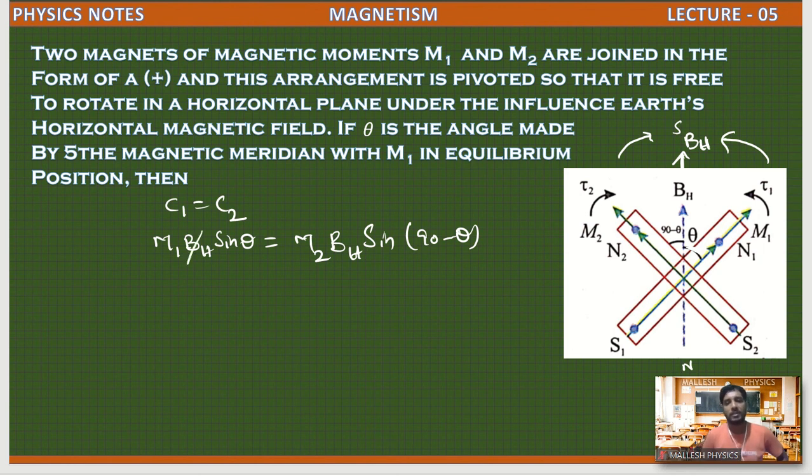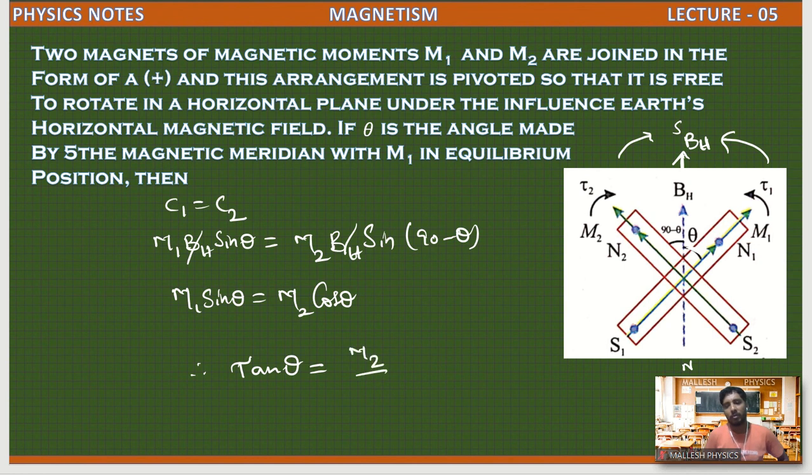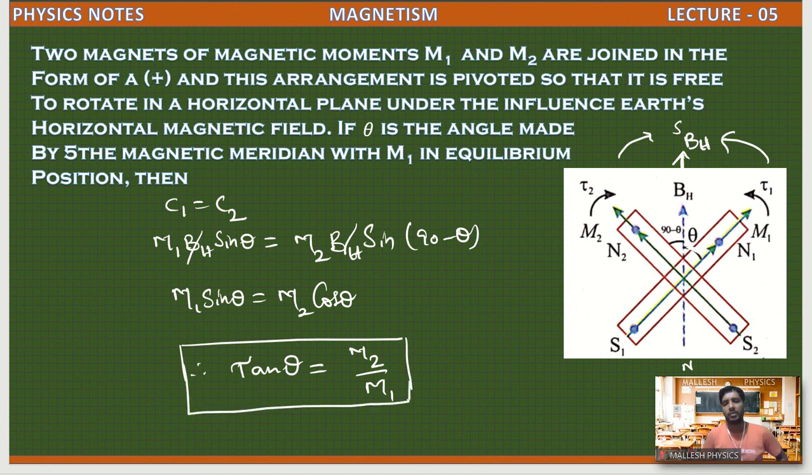Now BH cancels, so m1 sin theta is equal to m2 cos theta, since sin of 90 minus theta is cos theta. Taking sin theta and cos theta to one side, tan theta is equal to m2 by m1. This is the relation we get when the two magnets are arranged in the form of a plus.